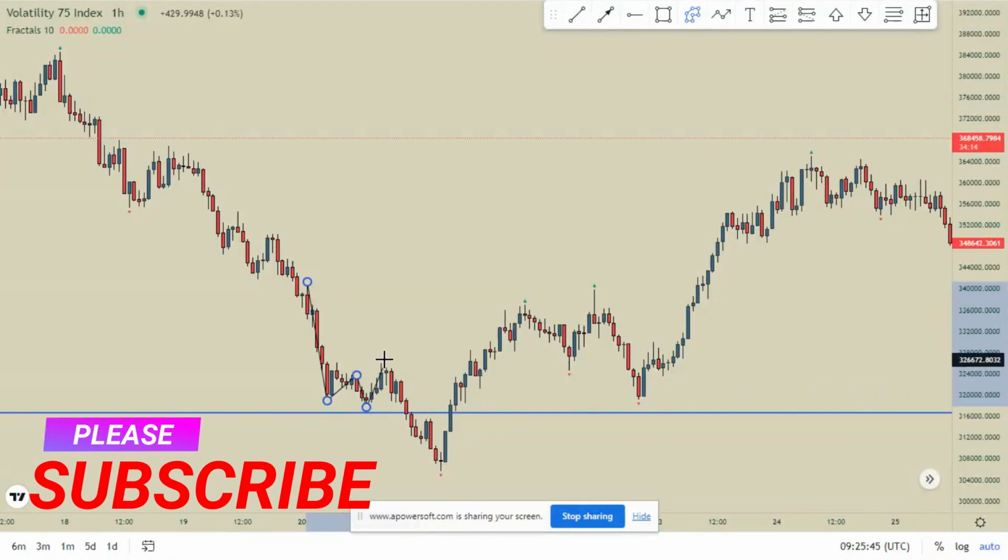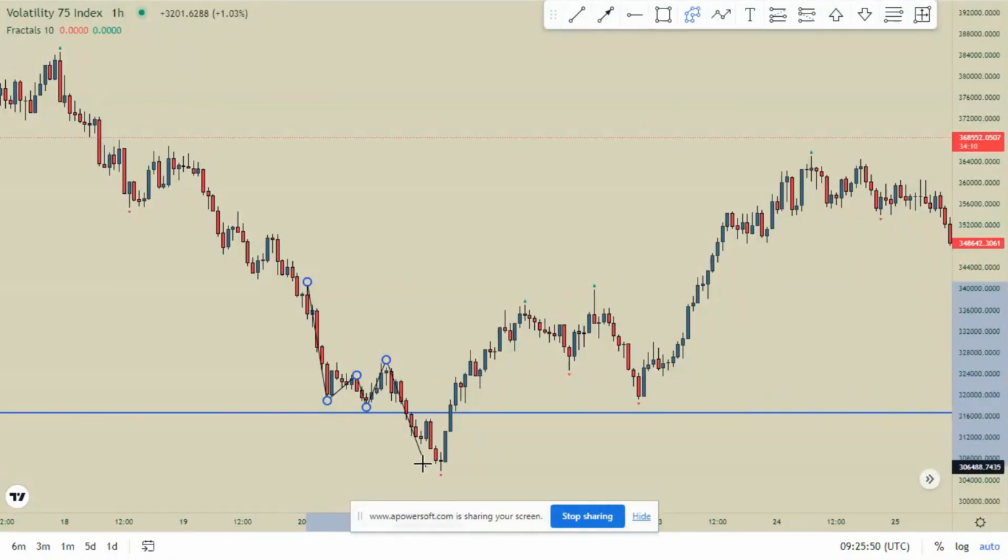We took out this high, and then price shifted, it went down. And then we can see that here also we get a shift. So now price moves up, but what do we get interested in? We are interested in this zone, and this zone is next to our validation and invalidation line.